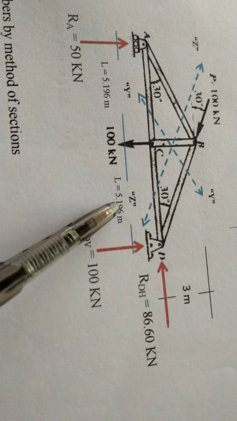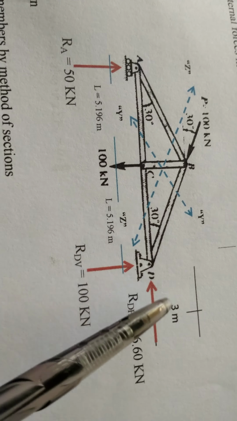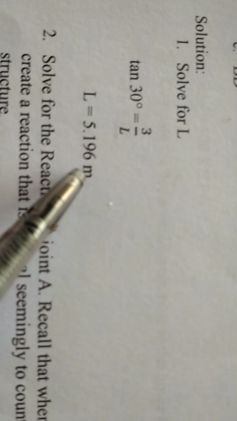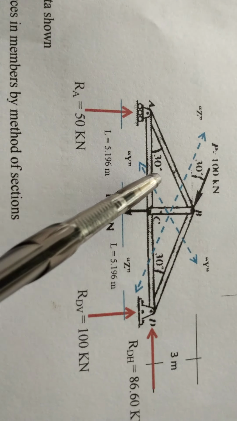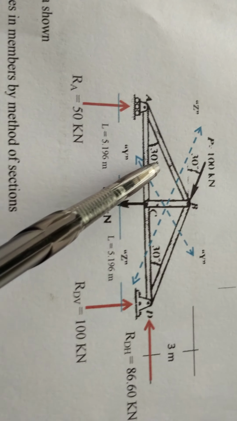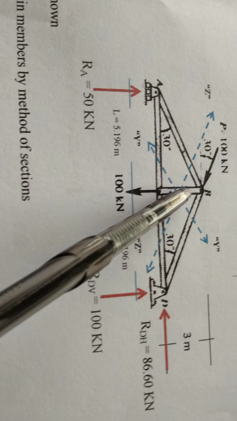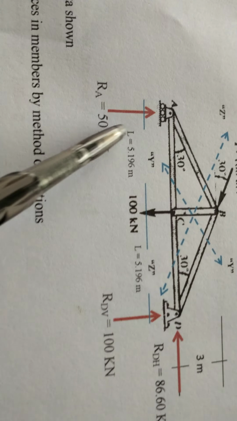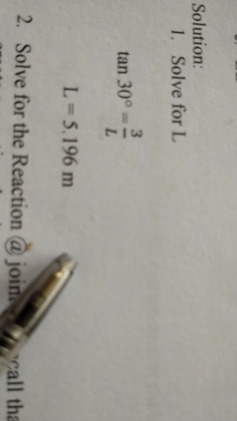So these are very necessary: the height and the length. Solving for your L, we have tangent 30 degrees. Tangent is opposite over adjacent, which we had previously as L. So we derived 5.196 meters.